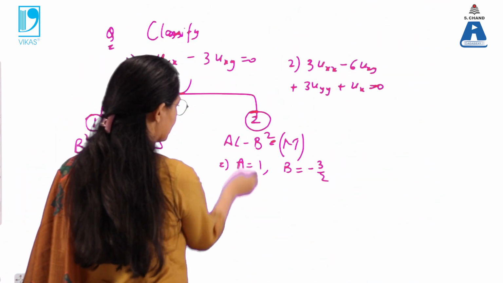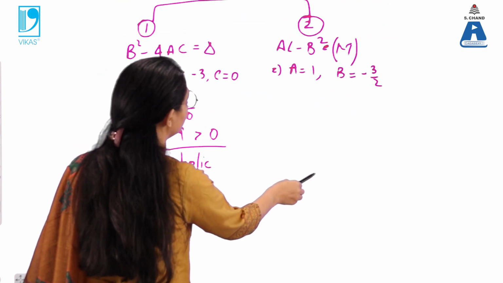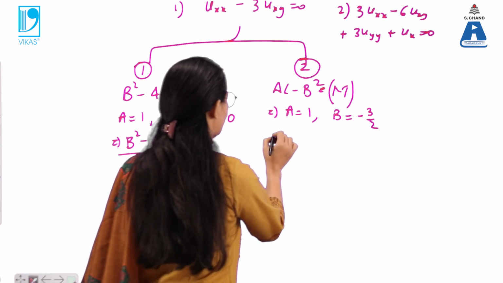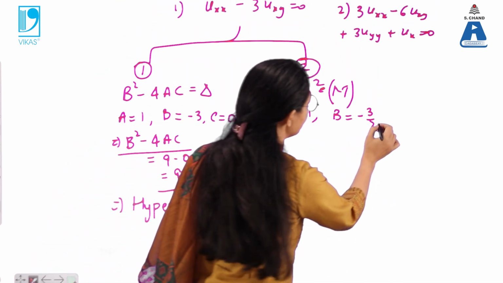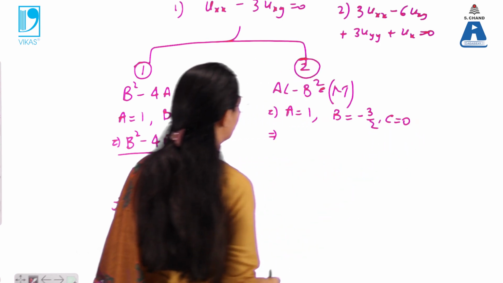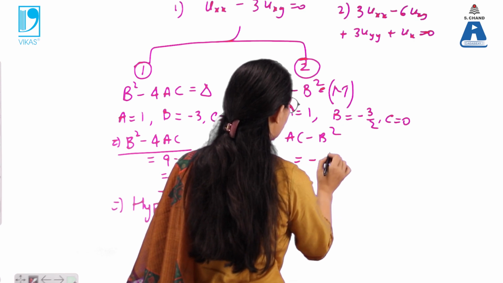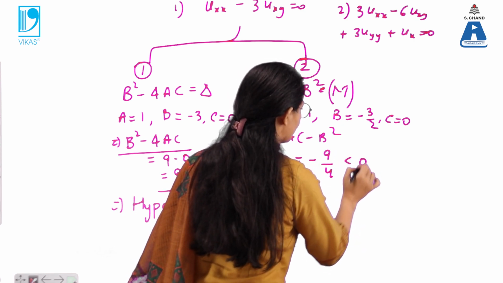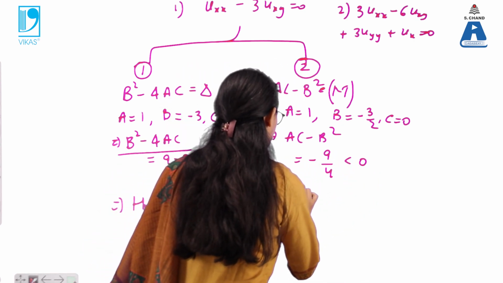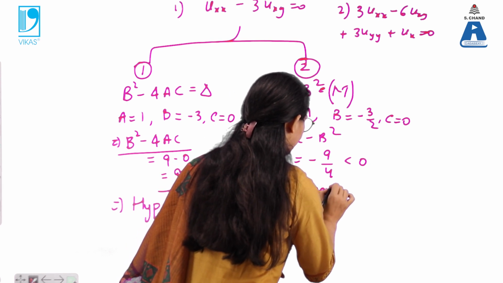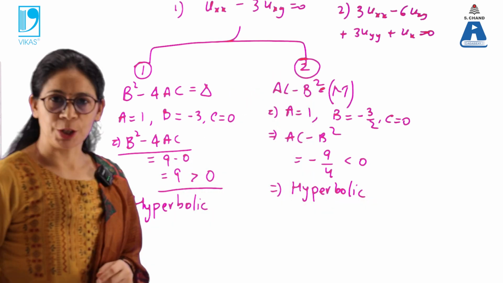Whatever B is given here, half of that will be taken. And C is 0 in this case. So if we find out AC minus B square, it comes out to be minus 9 by 4, which is negative, and therefore it is hyperbolic as per the conditions given.